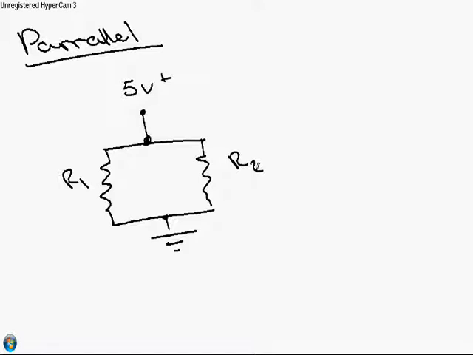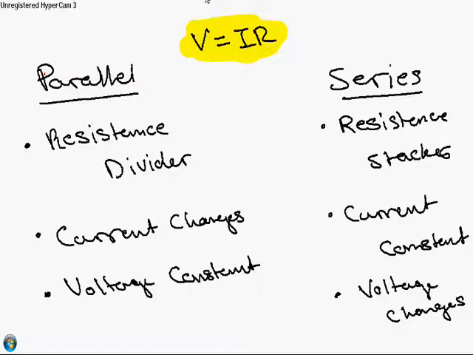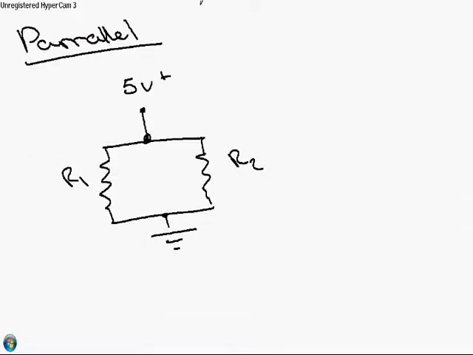Now, as I mentioned, it is a resistance divider. This has great applications if you're trying to find a very specific resistive value. Resistors come in a variety of flavors. You can find resistances in almost any value: 100, 220, 47s. They come in so many varieties.